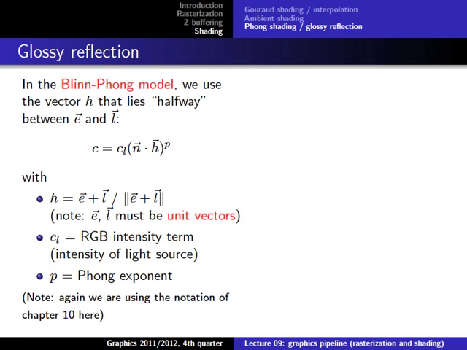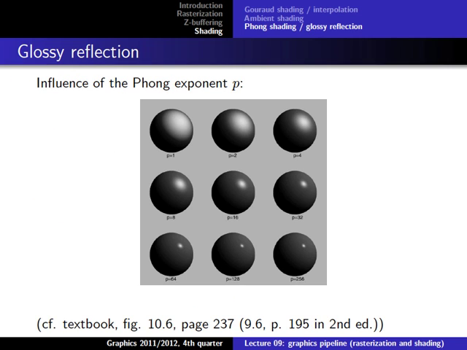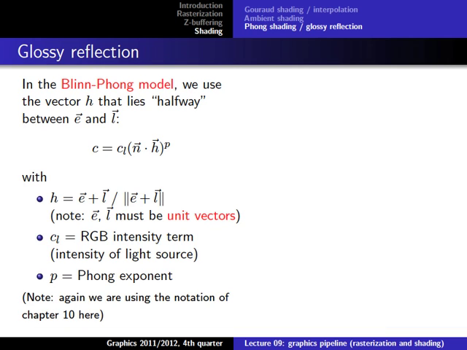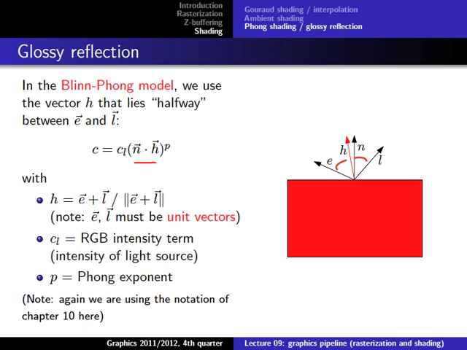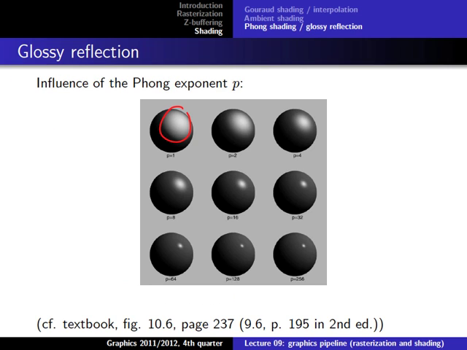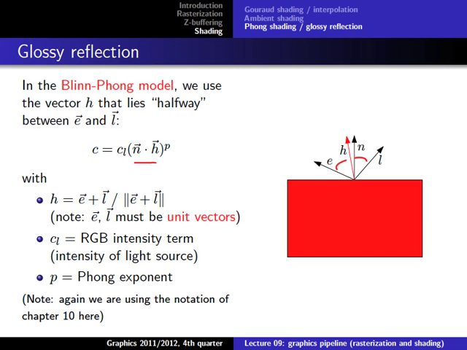The difference is that we get a wider area here, but because we have this Phong exponent, which modifies this value, we can also modify it so that by using a different Phong value, we can get almost the same result with the Blinn-Phong shading as with the Phong shading.